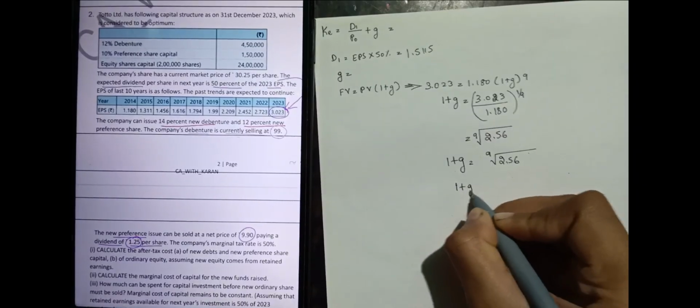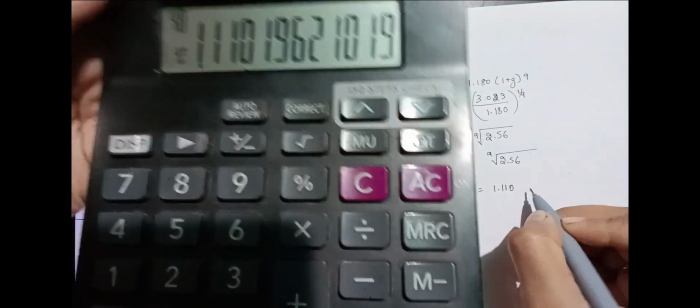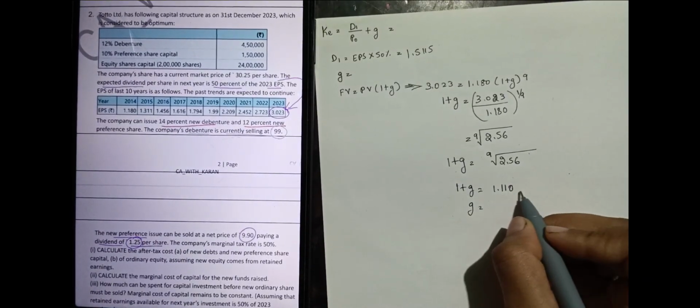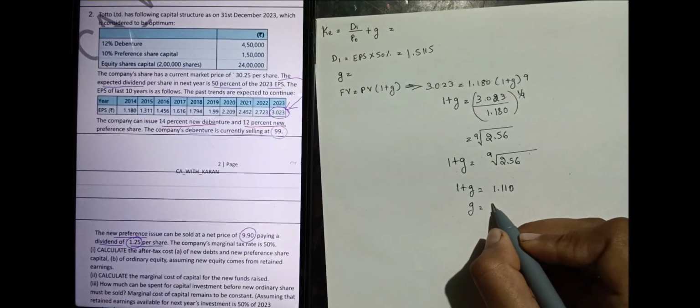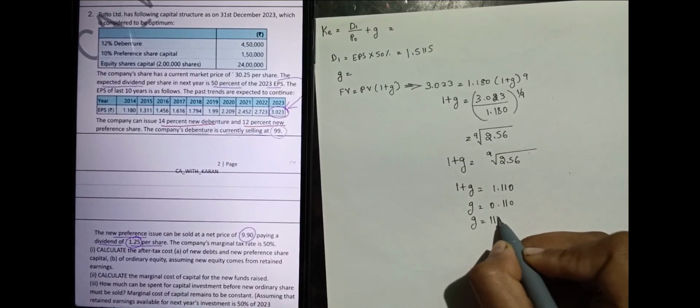So 1 plus G is equal to 1.110. So G is equal to 1.110 minus 1. So it is 0.110, which means growth is 11%.